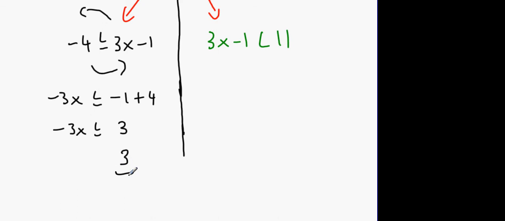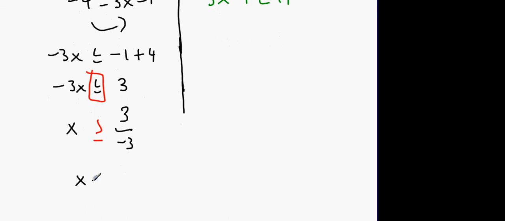And the rule is when you divide across the sign by a minus number, you have to change the direction of the equality or the inequality. This now turns into greater than or equal, and the x is now on its own. We know that the answer to this part is x greater than or equal to minus 1.